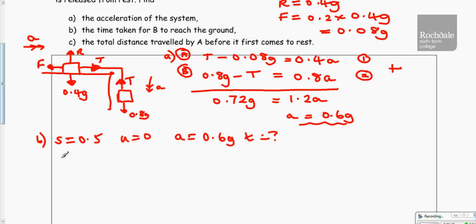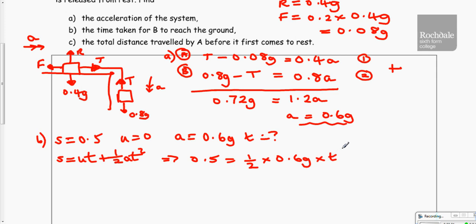So in this question, I would use s equals ut plus a half at squared. So that tells us that 0.5 is equal to 0 plus a half a t squared. Solving that equation, remembering to square root at the end because that's t squared, gives you a value of around 0.412.